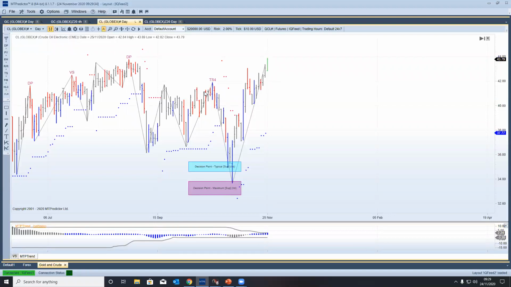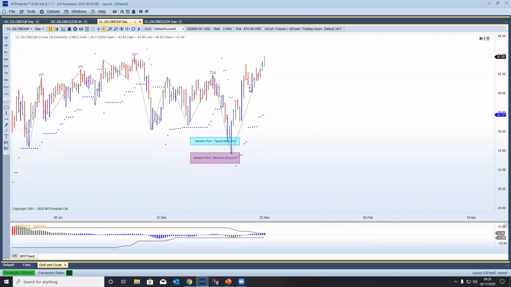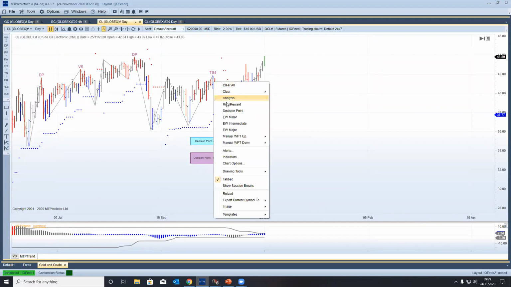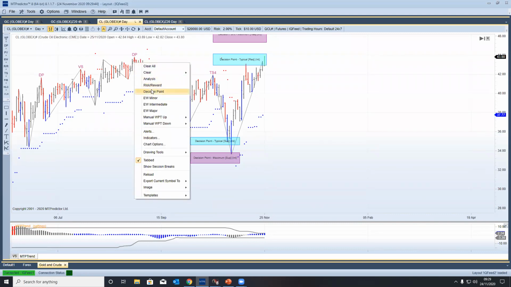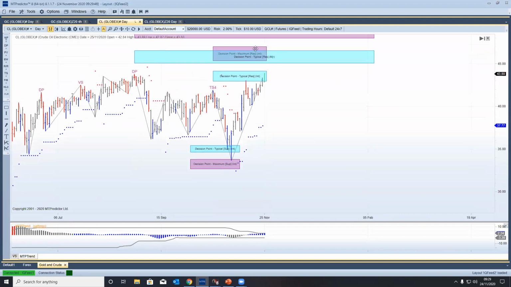So that's where we are at the moment. If we go through this, the next area would be off the next major high here. So that comes into this particular level around the 45 area. So we'll have to see what crude actually does.